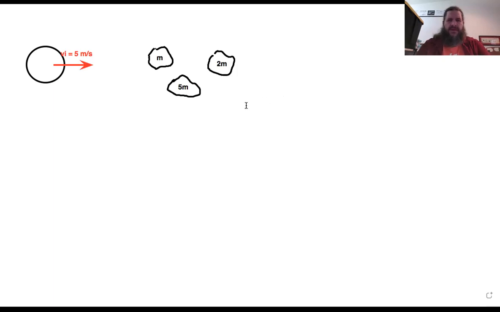And let's say the 2m piece ends up traveling directly to the southeast, so at a 45-degree angle, at a speed of 20 meters per second.